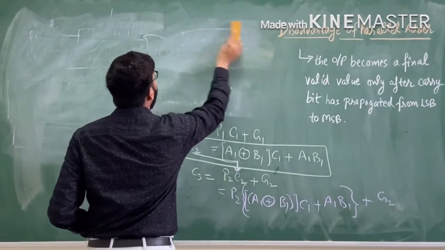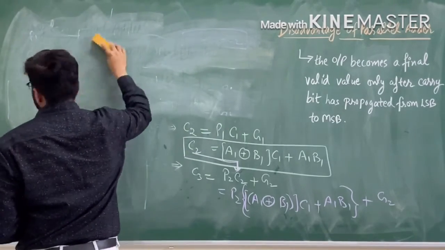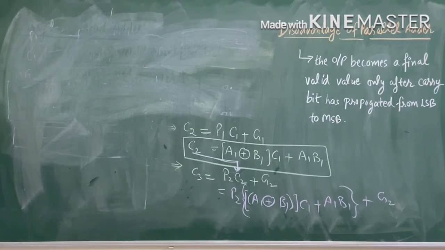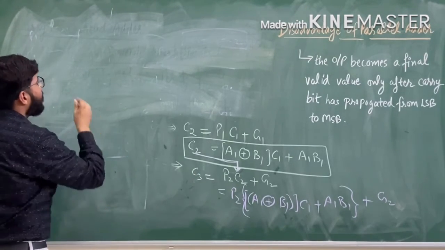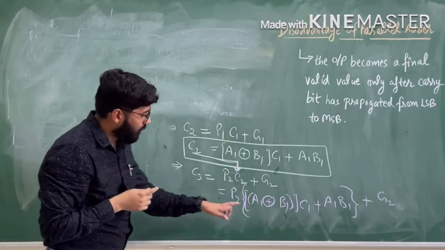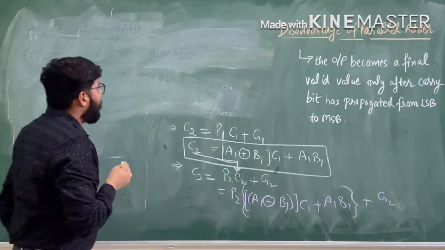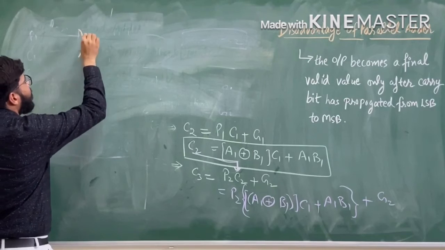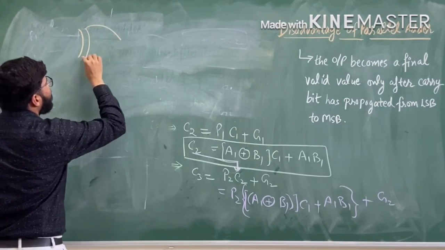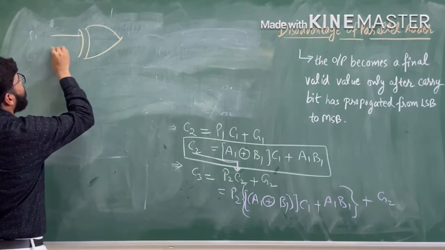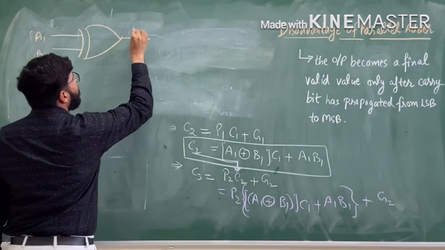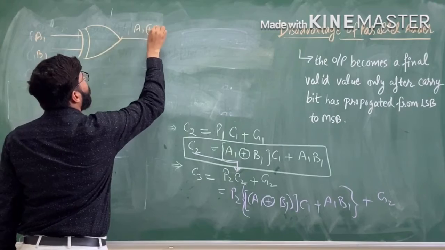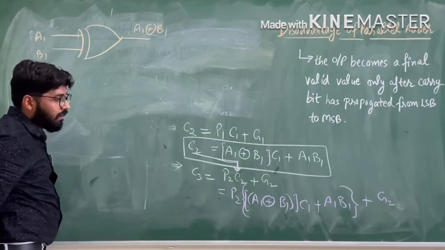Suppose we want to make a combinational logic circuit of C3. We can see A1 XOR B1 is there, so you have to apply the XOR gate, with inputs A1 and B1. This is A1 XOR B1.